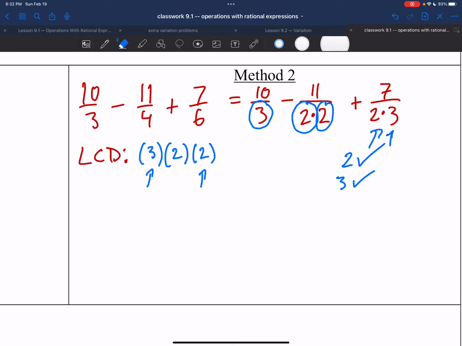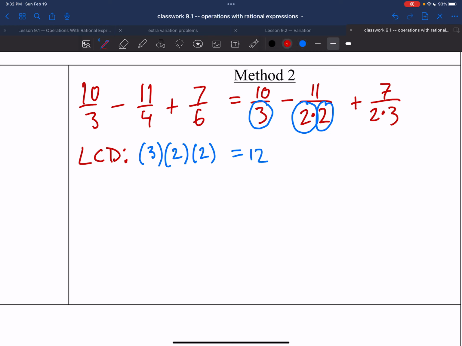You see, because 2 times 3 is 6, so this 6 is already hidden within the LCD. I don't need to put another 2 and 3 in here because I've already got it as factors, okay? And so now that I've got 3 times 2 times 2, that's my 12.